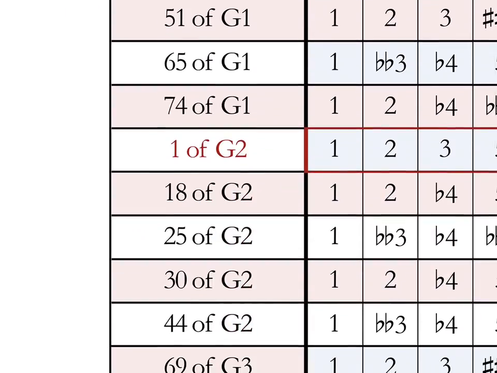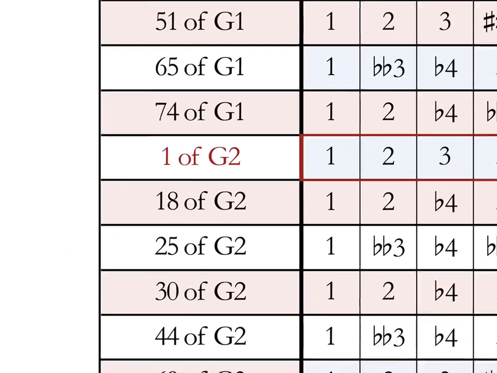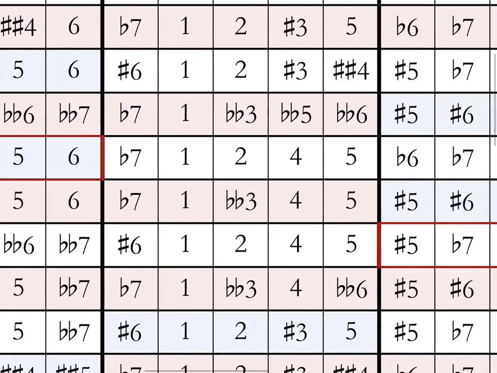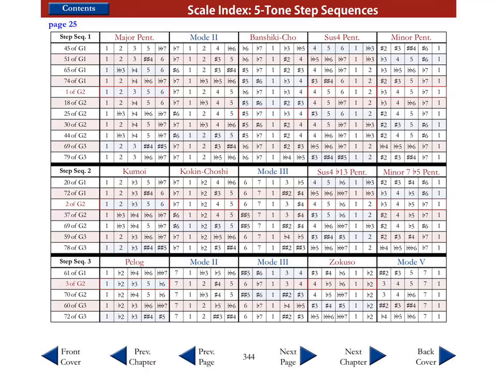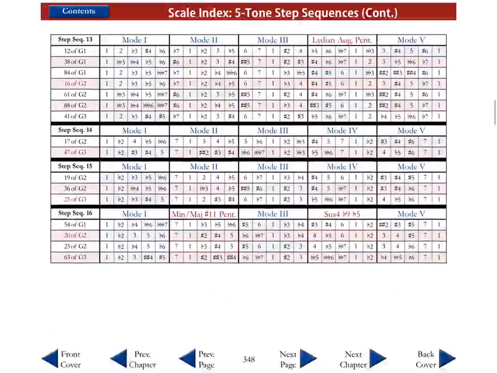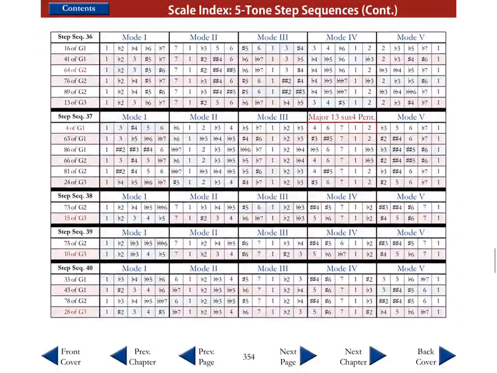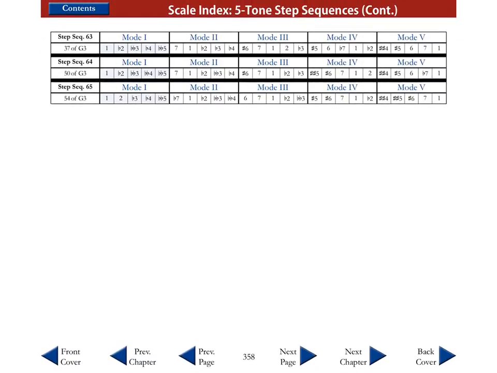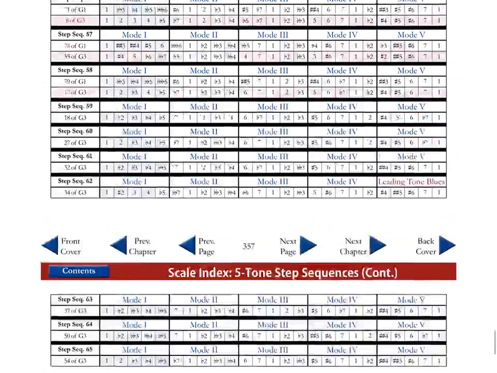And the one that is red is the one that's focused on for the intervallic formulas. And there is a total of 65 different 5-tone step sequences.